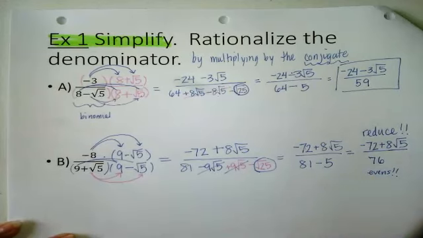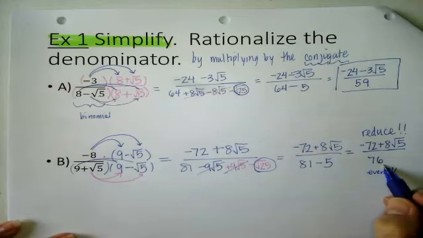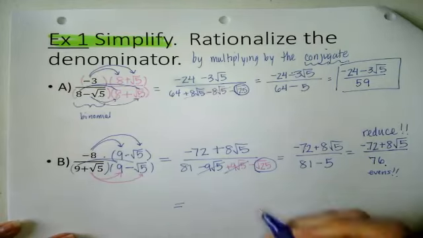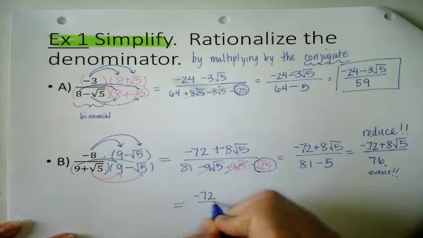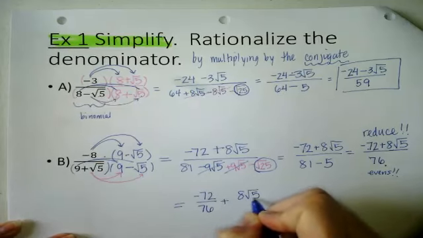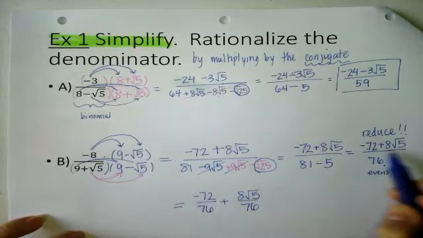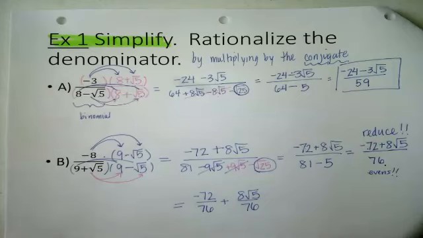The best way to reduce is to say, what is this 76 dividing? 76 is dividing both terms upstairs. So I'm going to break that up: negative 72 divided by 76 plus 8 radical 5 divided by 76. I like to say divide and conquer.